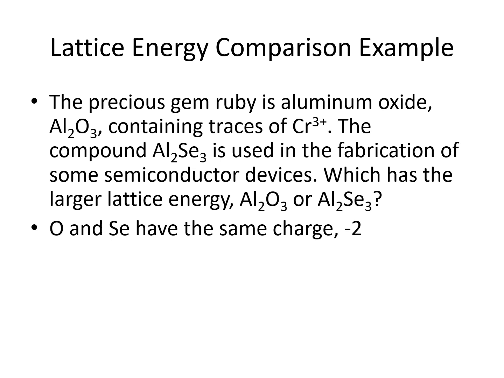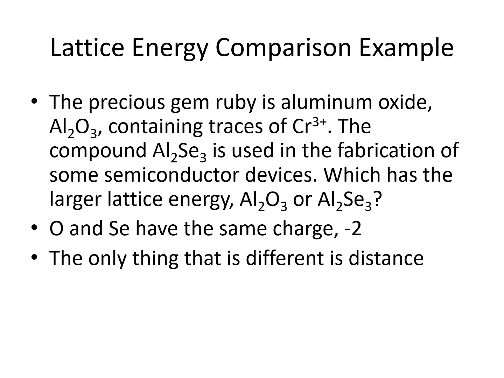That's going to go in the numerator of Coulomb's law. Oxygen and selenium are both in group 6A, which means they both have a 2- charge. So the charges are going to be the same. The only difference between the two compounds is going to be the ionic radii and therefore the distance between the charges.